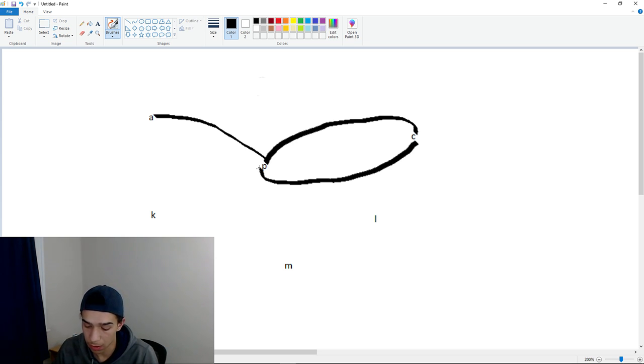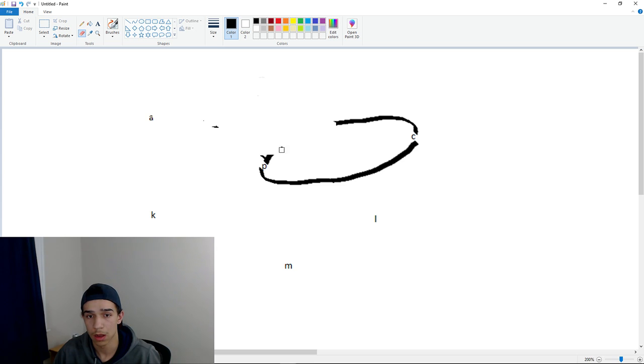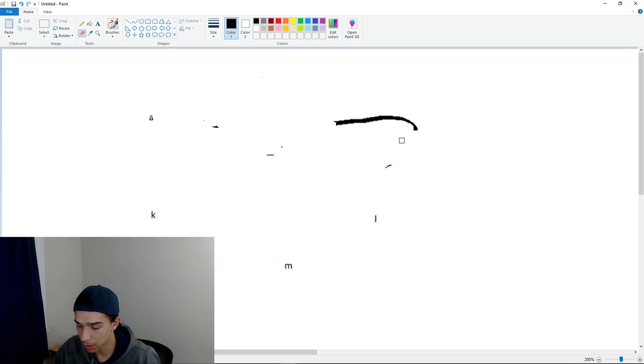Now we're going to talk about connected and disconnected graphs. So I'm going to erase some of this real quick. Graphs are connected if there is at least one path connecting each pair of distinct vertices.